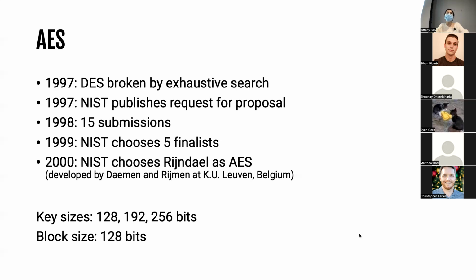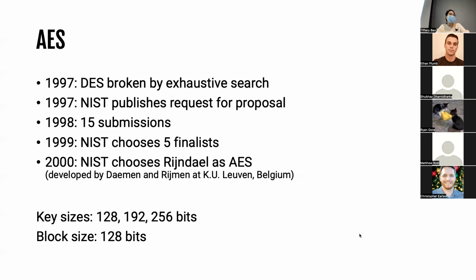So the story for AES is that starting from 1997, NIST published a request for proposal looking for a new approach for symmetric crypto. Then in 1998, there were 15 submissions for this new crypto. In 1999, NIST chose 5 finalists.